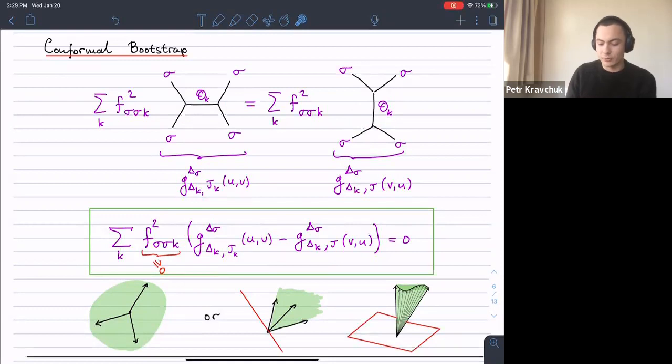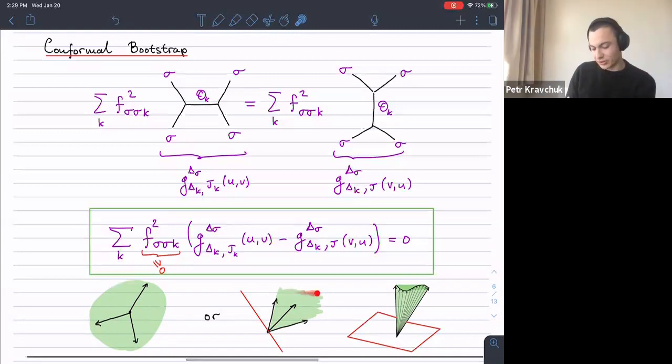The way you should think about this equation is you can interpret these functions as vectors in some vector space. And we're trying to find the positive linear combination of these vectors which gives 0. Sometimes this is possible. For example, in this picture, you can, roughly speaking, just take all 3 vectors with coefficient 1 and it will give you 0. And sometimes it's not possible because in this situation, all 3 vectors sort of point in the same direction.